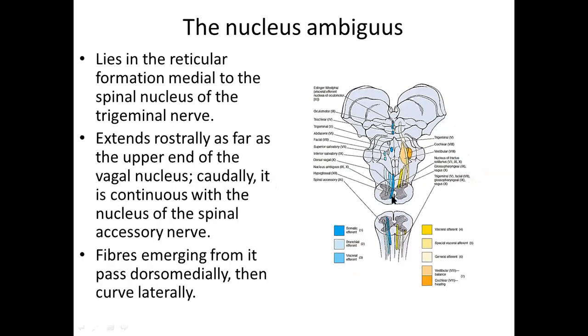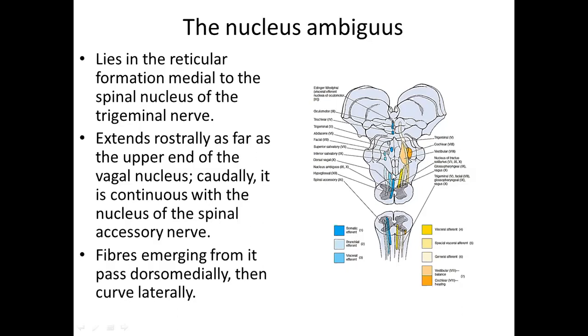Then comes the nucleus ambiguus, which is represented by the branchiomotor or the special visceral efferent column. It lies in the reticular formation medial to the spinal nucleus of the trigeminal nerve. Now, the phenomenon of movement of a nucleus towards the maximum stimuli point is known as neurobiotaxis.